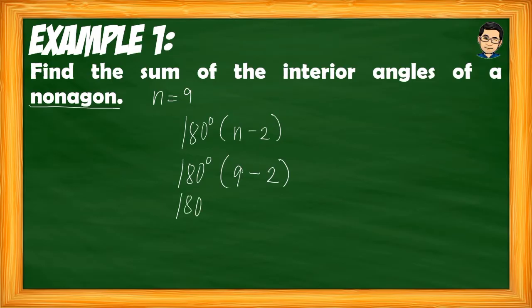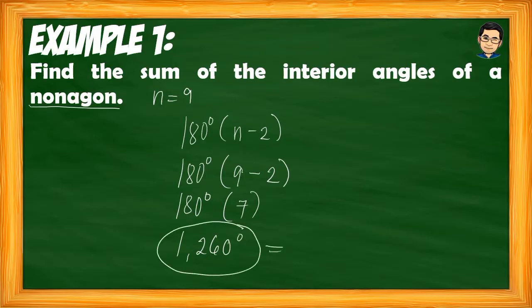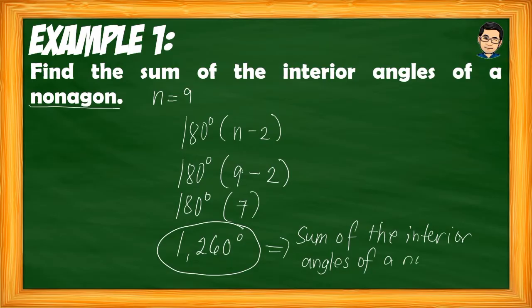So, 180 degrees times 7, that is 1,260 degrees. So, ito po yung sum ng interior angles ng nonagon. Okay. So, ayan po ang tamang way niya.